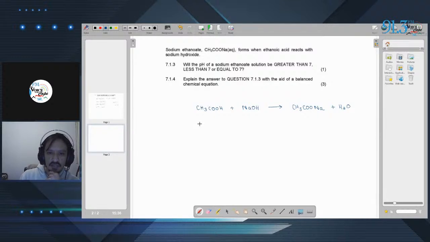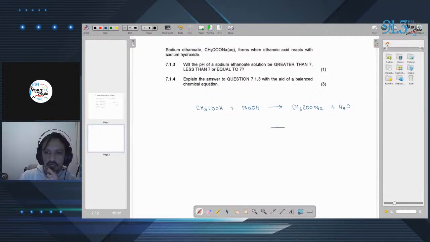So here we have CH3COO minus plus our sodium plus. So we're going to get this hydroxyl over here, right? Oh, sorry, doing this incorrectly. My apologies.